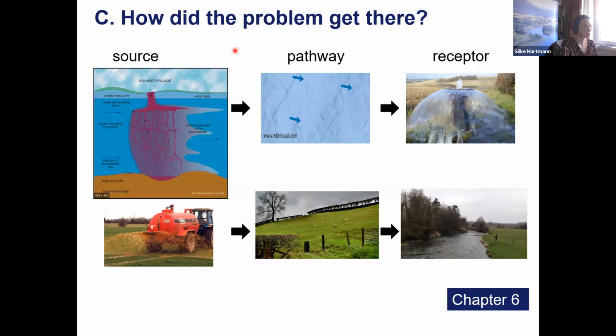If we can split those linkages between either source and pathway or pathway and receptor, we have mitigated the risk. The problem is that, for example, groundwater is both a pathway and a receptor.